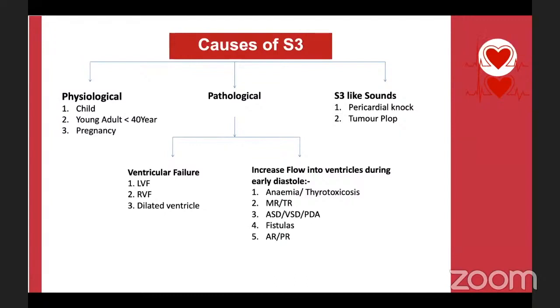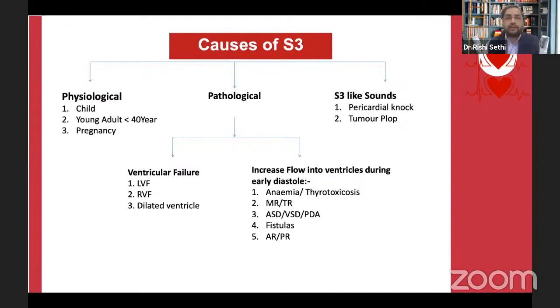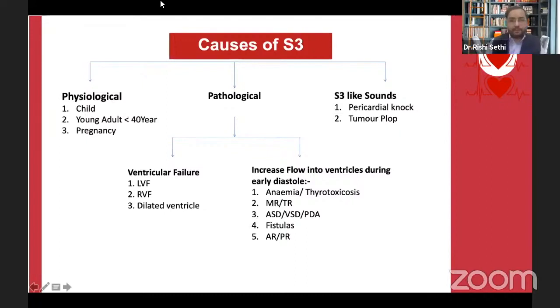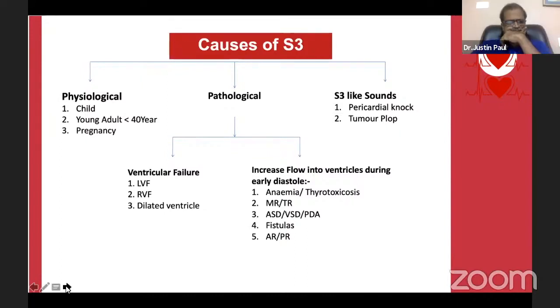Therefore you may find it in cases of MR, TR, ASDs, VSDs, aortic regurgitation, and pulmonary regurgitation. So S3 is generally found in the constellation of ventricular failure or in any condition which leads to increased flow into the ventricle during the early part of diastole.